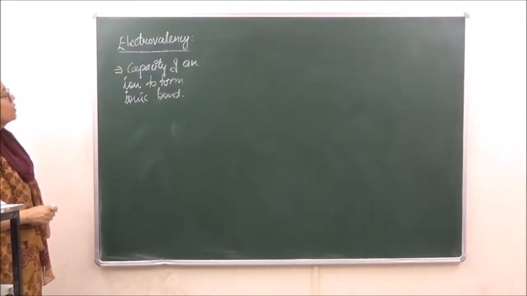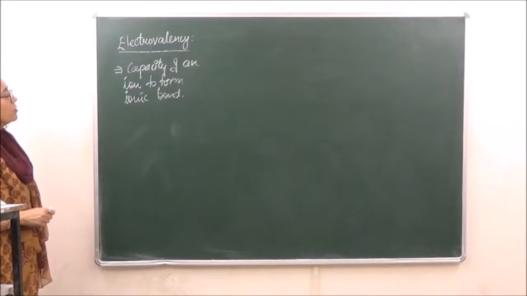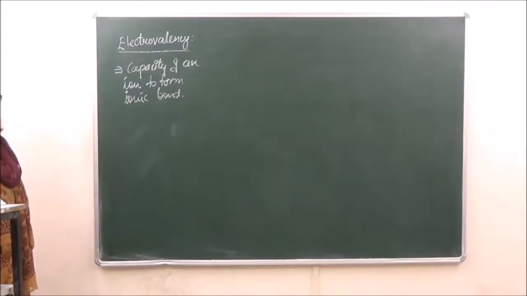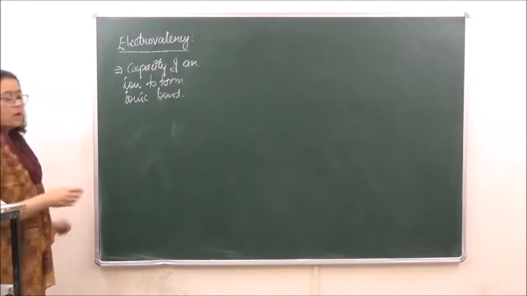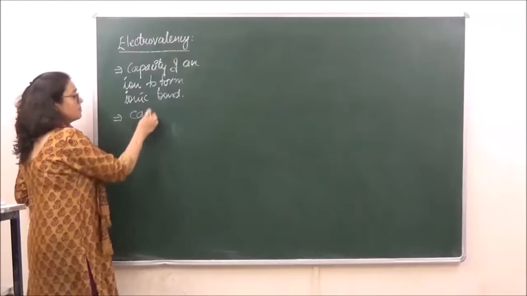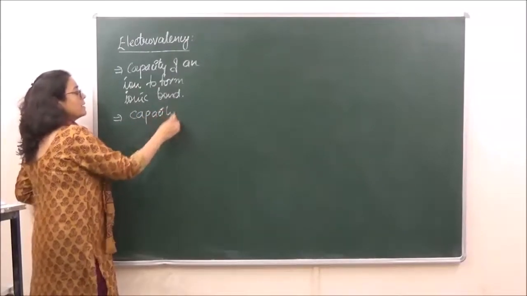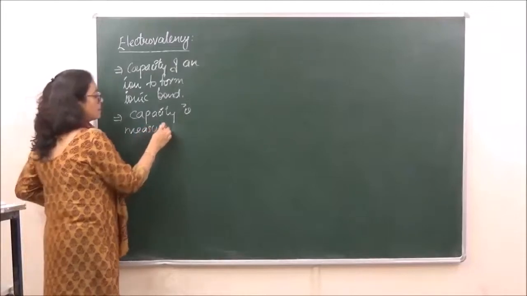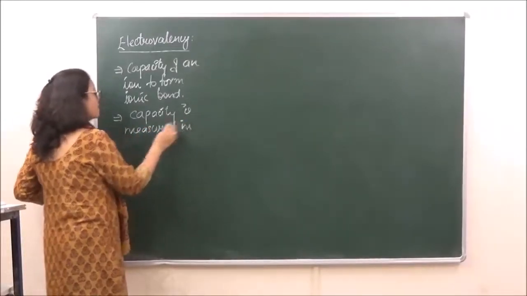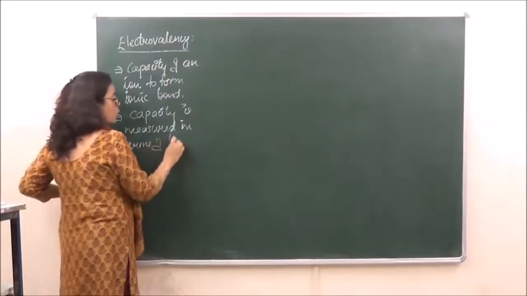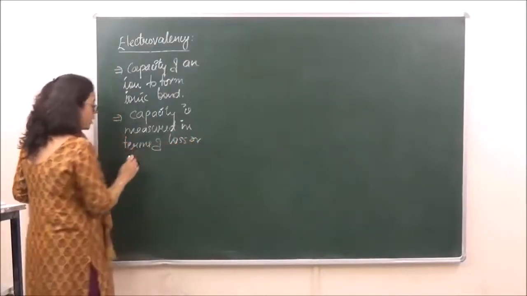अब जब ionic bond बन जाएगा तो we have already said that there are two types of ions present, which is the cations and the anions. Now how do we measure this capacity? This capacity is measured in terms of loss or gain of electrons.